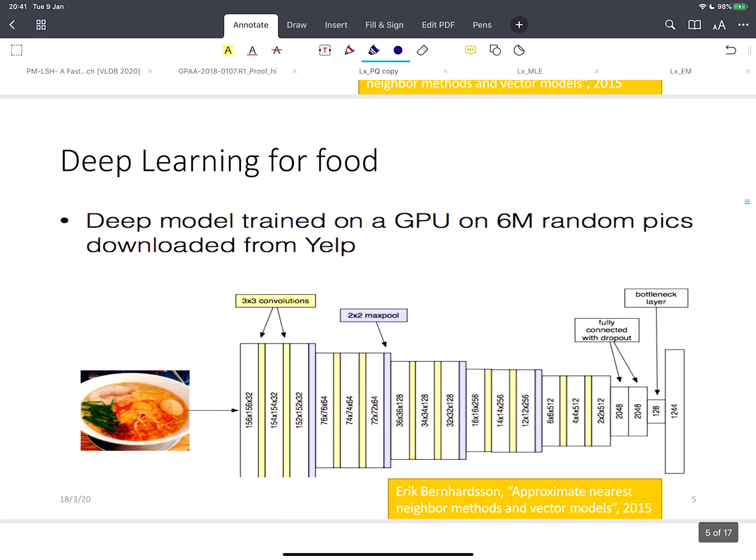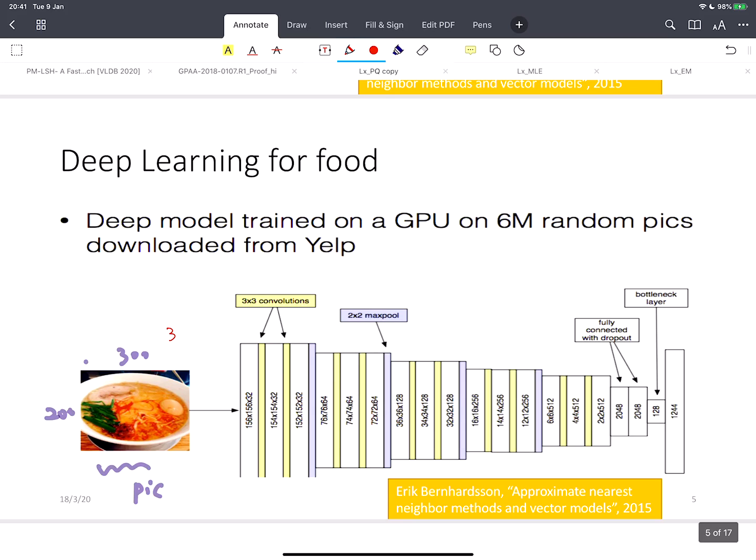For even deep learning, what you can do is that given a picture, if you really look at each and every pixel, that's going to be very high dimension. Let's say this is 200 by 300, and this is a color picture, so you have 3 channels.